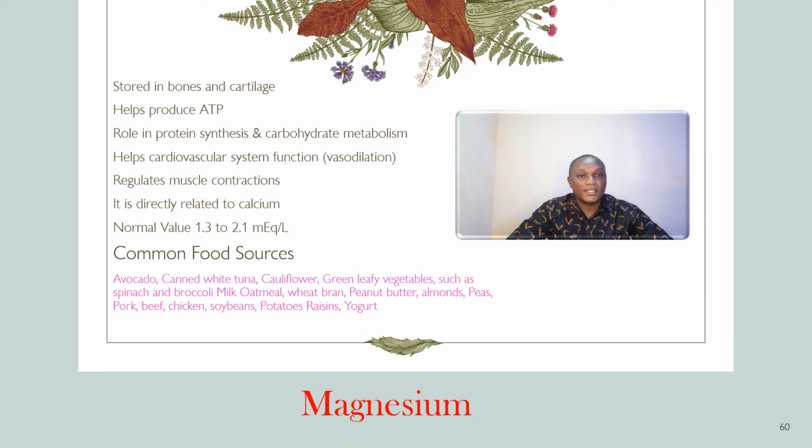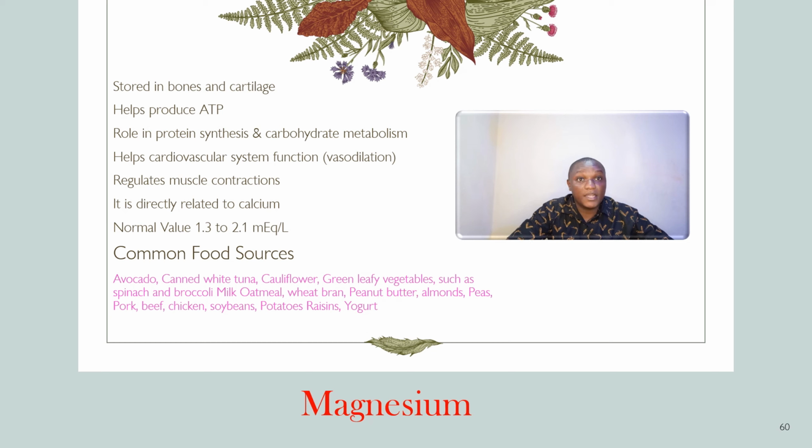We now look at the other electrolyte known as magnesium. Magnesium is stored in bones and cartilages, and it helps produce ATP, adenosine triphosphate. That's the energy required in cells. Magnesium is very important in protein synthesis and carbohydrate metabolism.